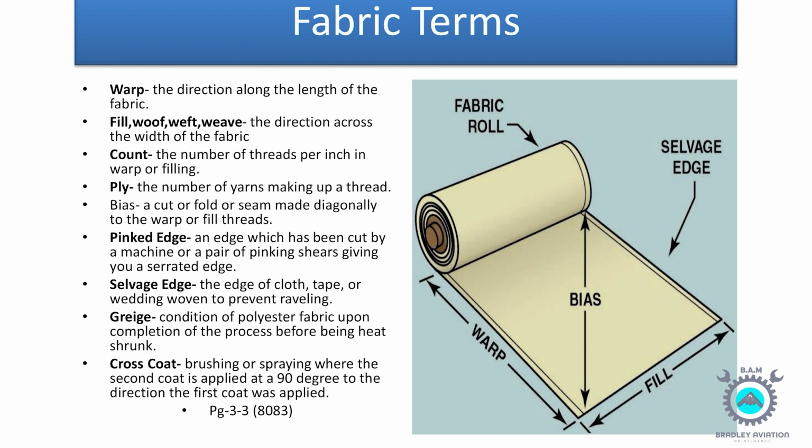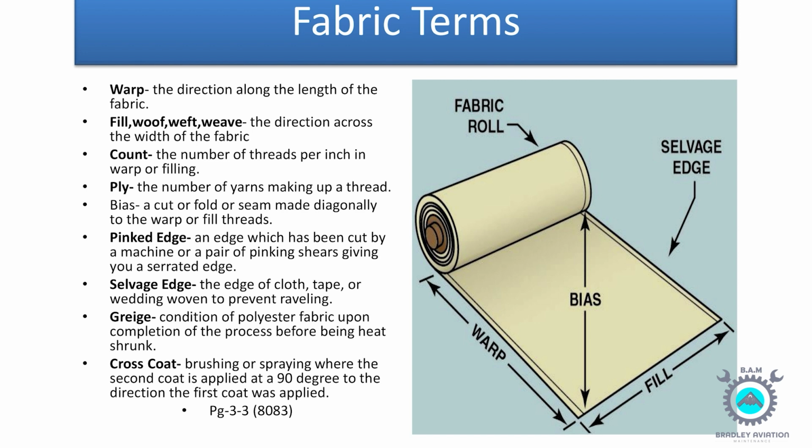Bias, a cut or fold or seam made diagonally to the warp or fill threads. Pinked edge, an edge which has been cut by a machine or a pair of pinking shears, giving you a serrated edge. Selvage edge, the edge of cloth, tape, or webbing woven to prevent raveling.